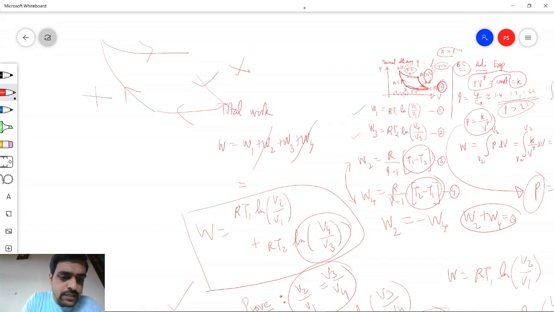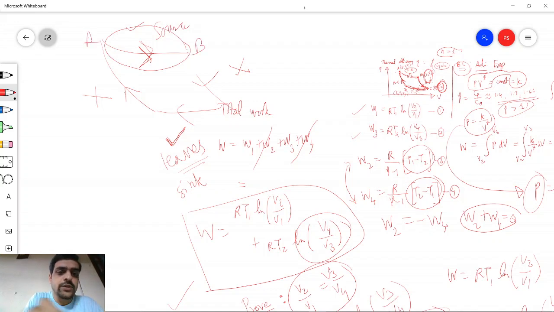Now this process is isothermal compression and this process is isothermal expansion. Now since this is isothermal compression, heat leaves the system to the sink. So the only process where heat enters the system from the source is this particular process AB. So Q1 is nothing but equal to W1.